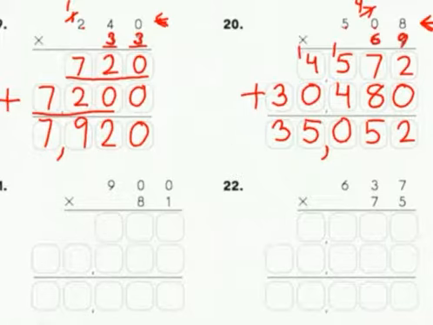For numbers 21 and 22, before you get started, maybe you could write a few little tricks to help you. The first one is to put a plus sign here to remind you that step 3 is to add those two lines, those two parts of the problem.